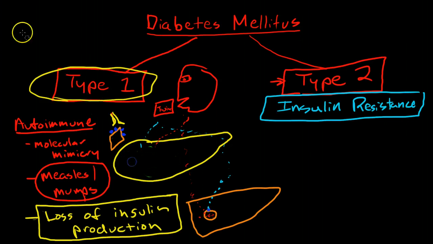So what happens is, we have these happy little islets of Langerhans with lots of happy little beta cells in them that are perfectly capable of producing all the insulin that we need. The dysfunction here is actually in the cells that are receiving the message from the insulin.